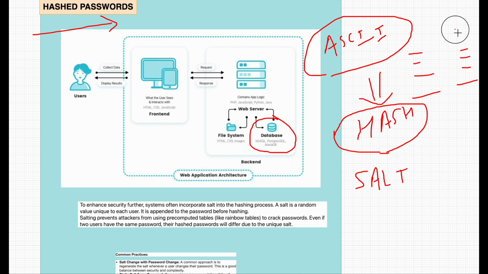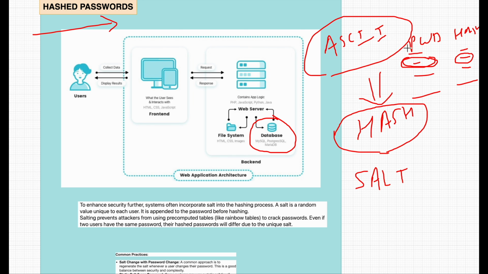I can compare with my list of pre-calculated hashes, and if a match comes, I would be able to get the original password, because this hash is matching. So this hash is coming from this password.